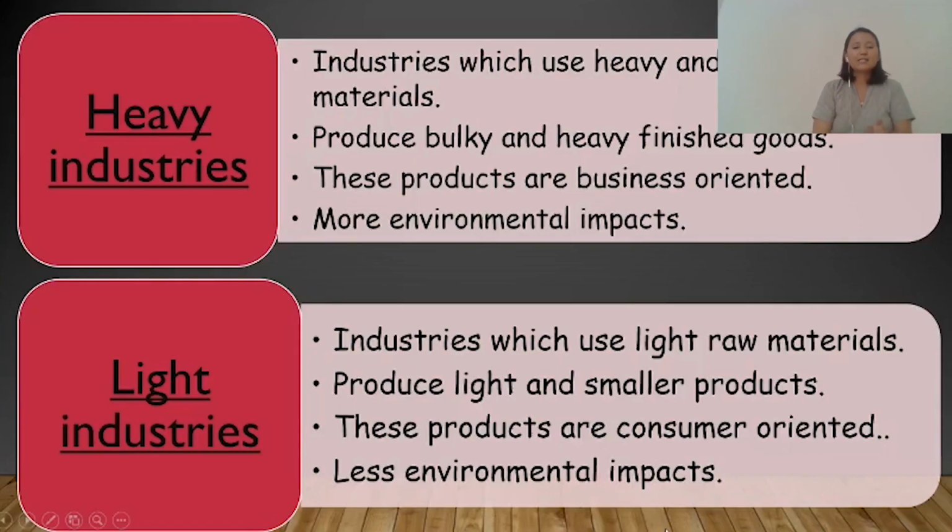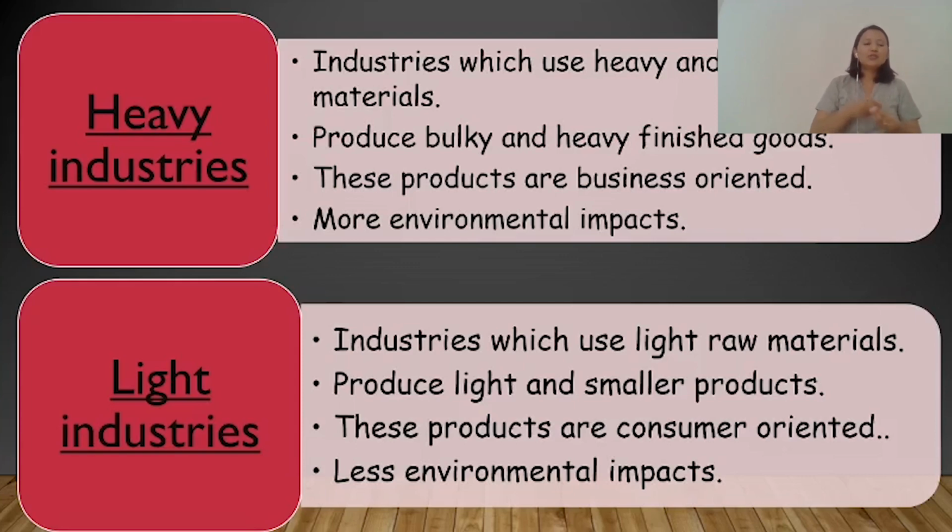And then light industry. Light industries are those industries in which they use light raw material or they use less raw materials. And at the end, they produce a light and smaller product. And these products are consumer oriented. Consumer means these are for the buyer only.